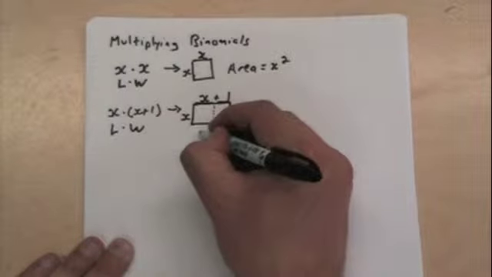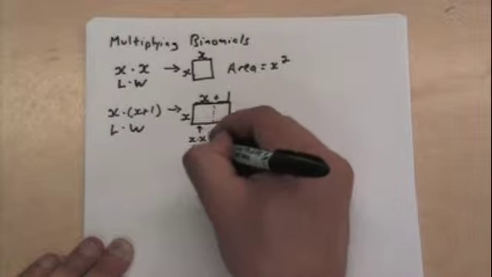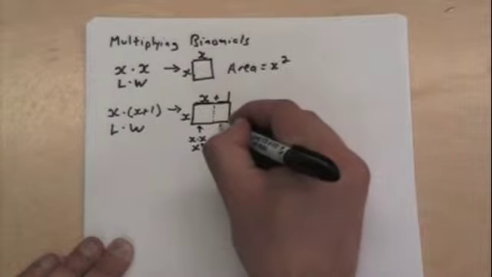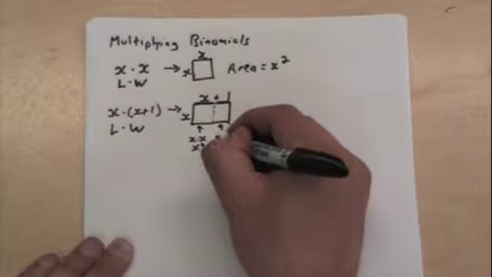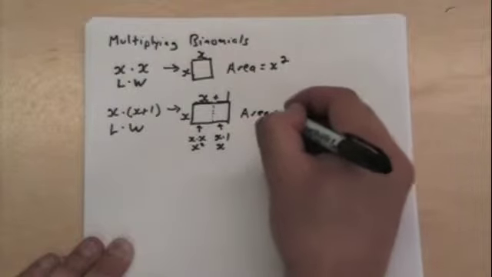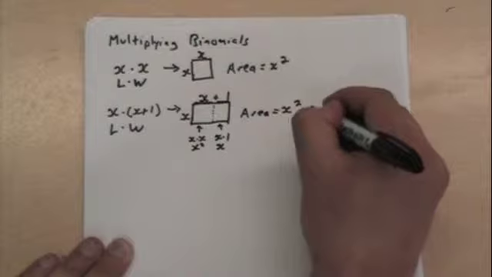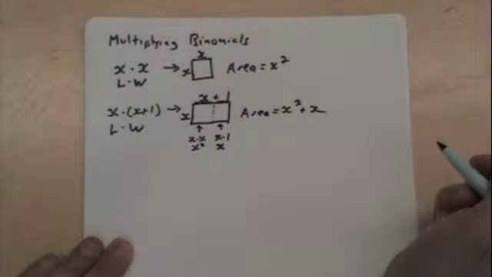The area of this part would be x times x, which is x squared, and the area of this part would be x times 1, which would just be x. So the total area is x squared plus x.